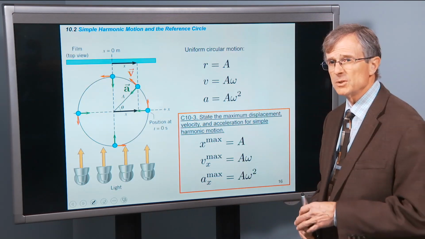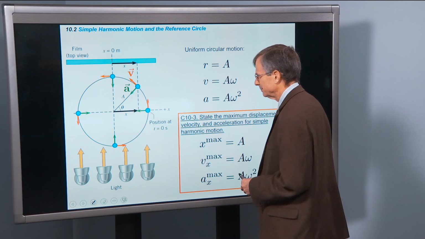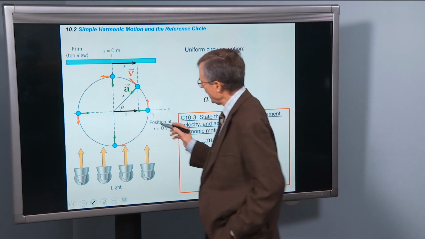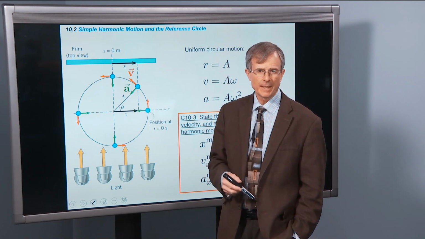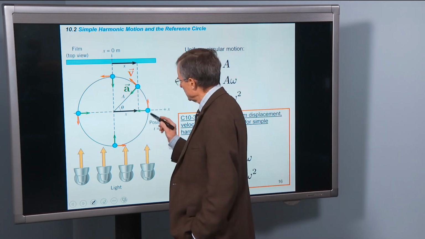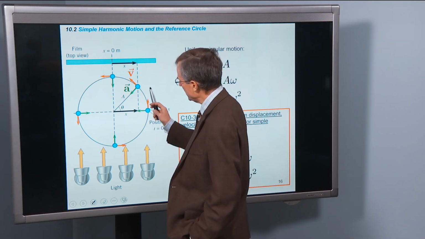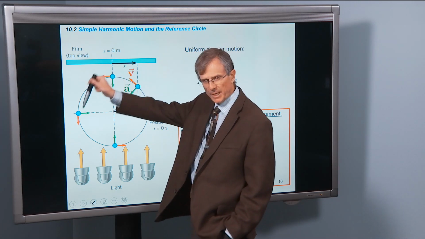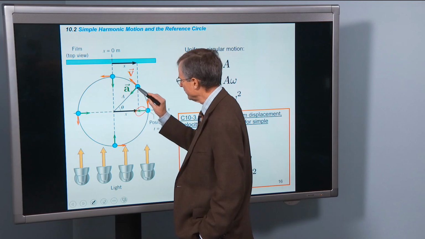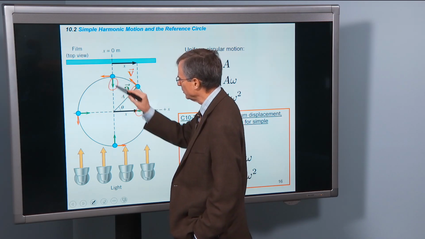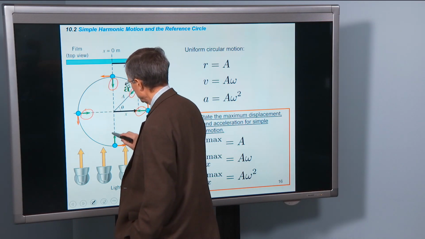Let's see what this looks like for simple harmonic motion. The acceleration vector is shown here with a green arrow. At any given point in time, as this blue object executes this uniform circular motion, its acceleration vector is always going to be pointing toward the center of the circle.